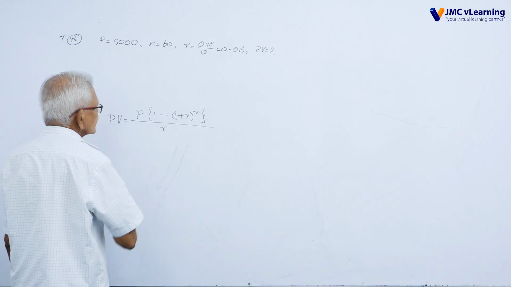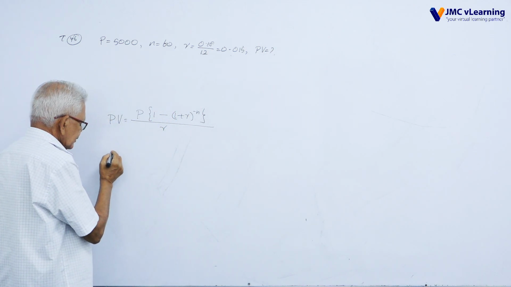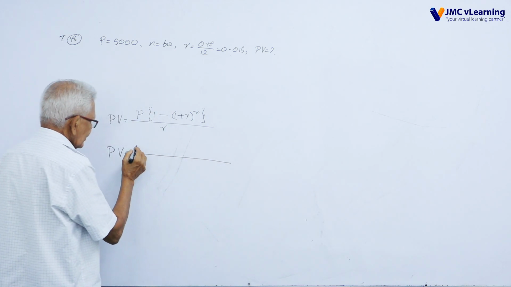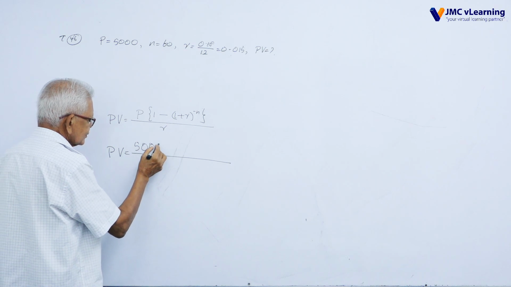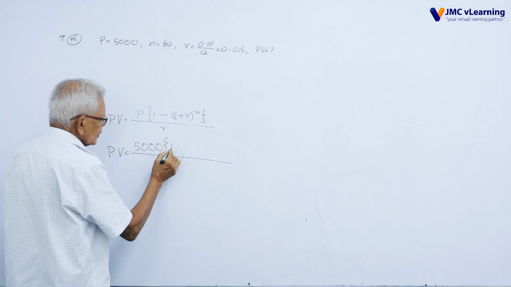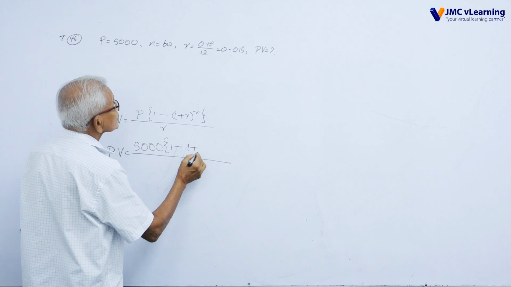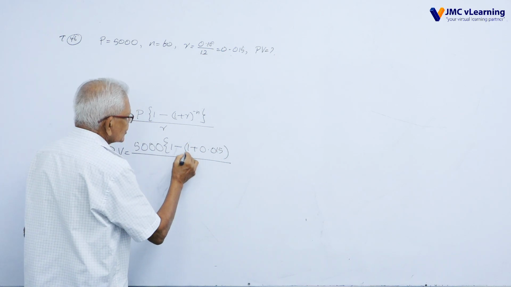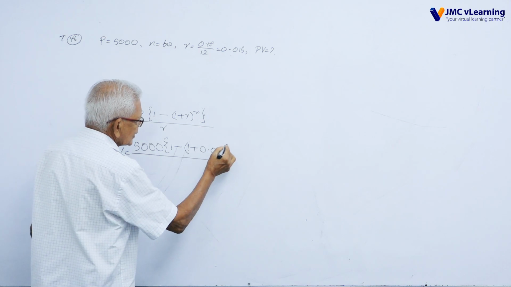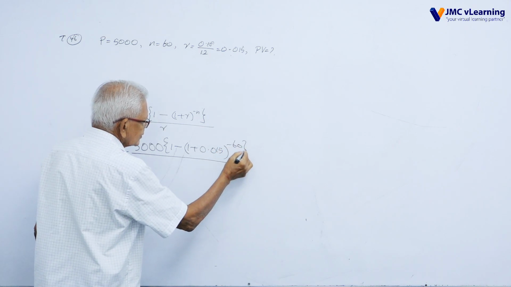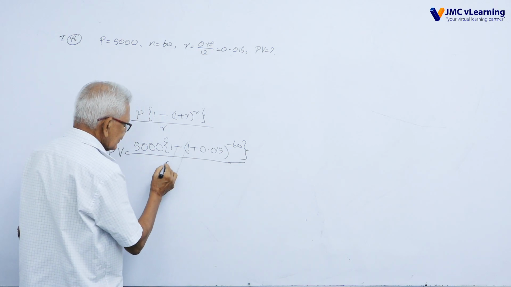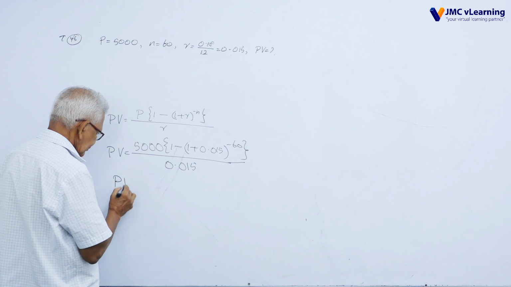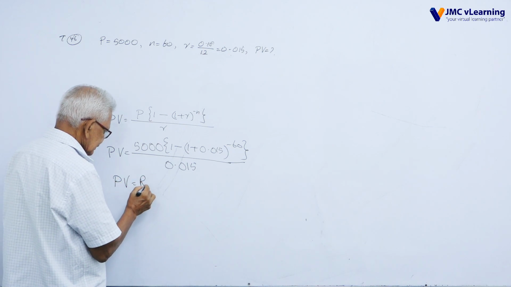Same formula. PV equal 5,000 bracket 1 minus 1 plus 0.015 to the power minus 60 over 0.015. Calculate and get the answer to the nearest cent.